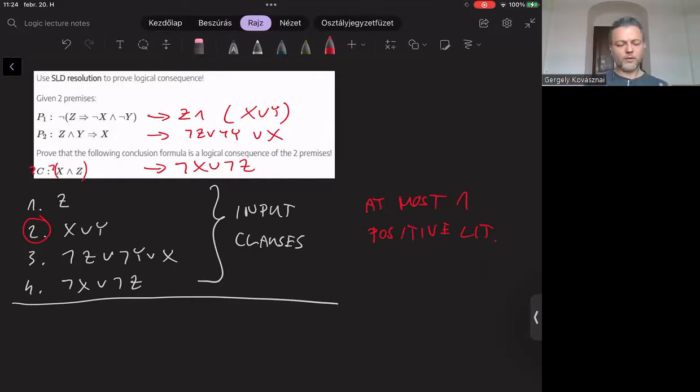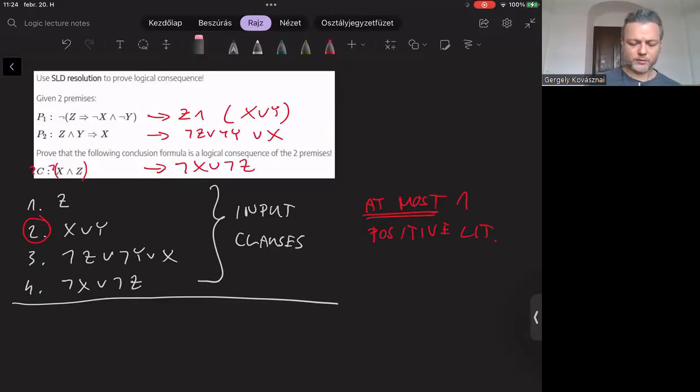As a side note, all the other 3 clauses are Horn clauses. Of course, clause number 1 is a Horn clause. Clause number 3 is also a Horn clause because it contains only one positive literal X. And clause number 4 is also a Horn clause because it contains 0 positive literals. And by definition, a Horn clause can contain at most 1 positive literal. So 0 is also okay.